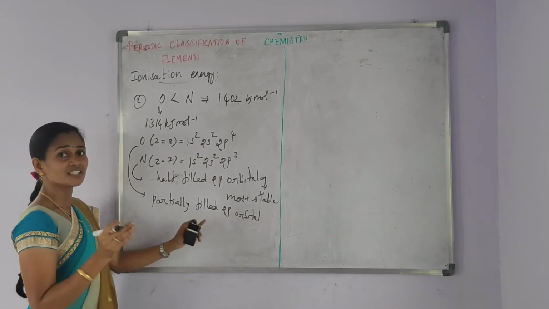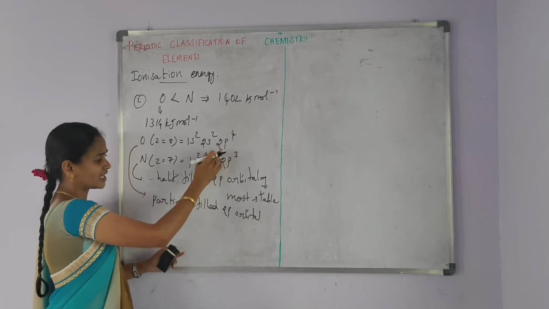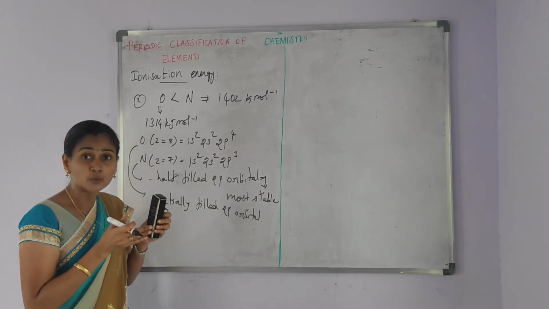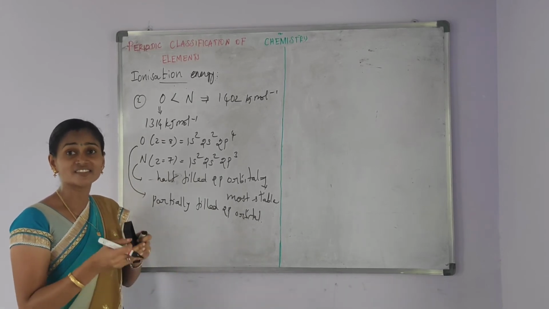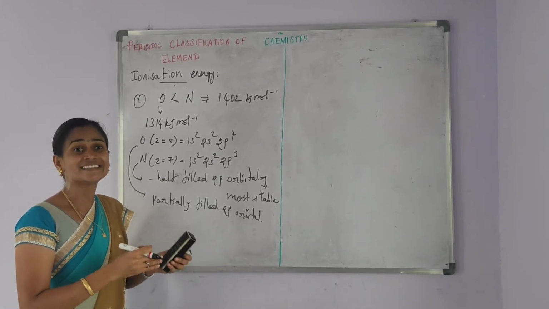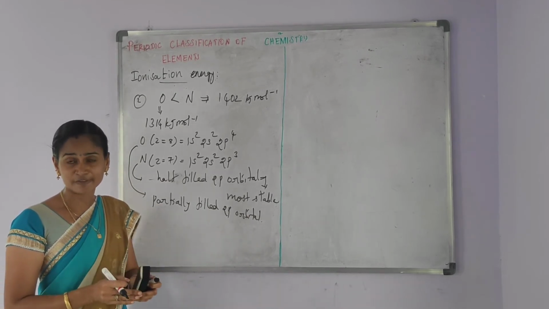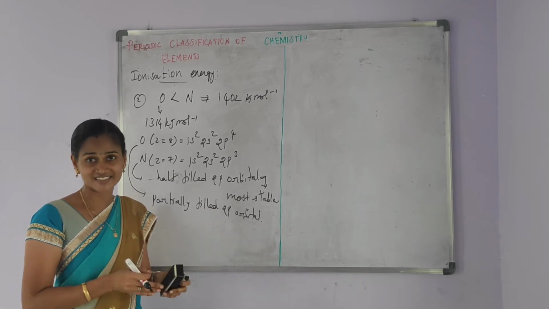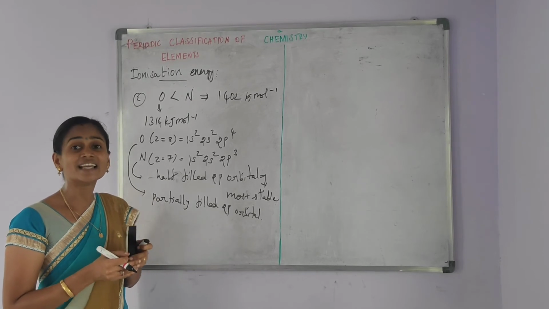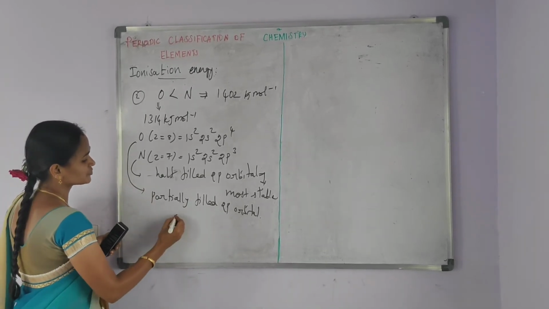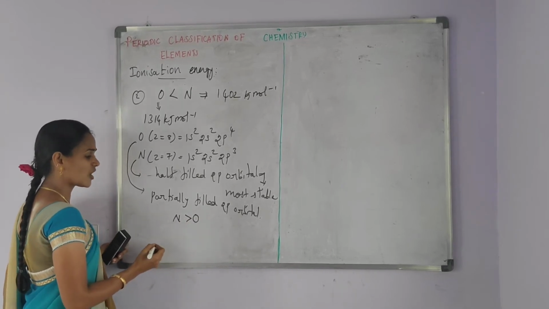If oxygen loses one electron from the 2p orbital, it possesses the 2p3 half-filled stable orbital. For possessing the stability, oxygen easily loses the electron. So, removal of the electron from the oxygen atom is easy. Comparing with nitrogen, oxygen possesses the lower ionization energy. So, ionization energy of nitrogen is greater than oxygen.